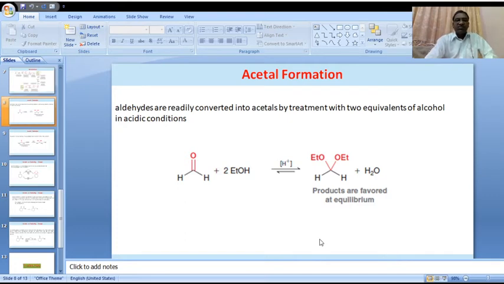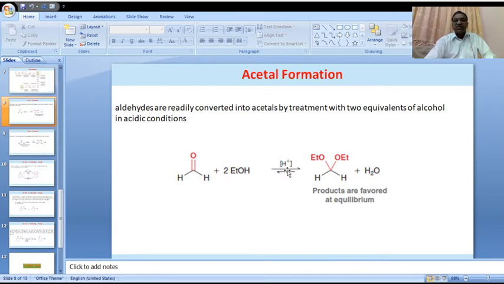Here, in acetal formation, aldehydes are readily converted into acetals. These aldehydes, formaldehyde, here we are using formaldehyde on reaction with 2 moles of ethyl alcohol, ROH.